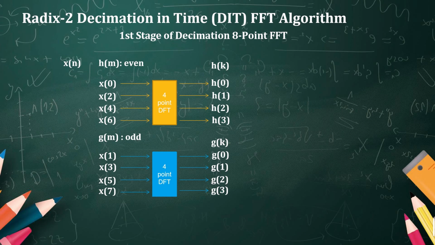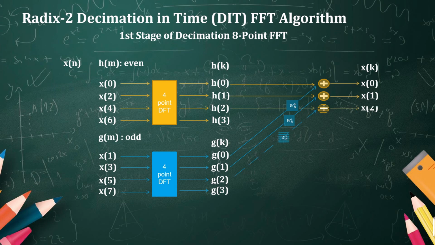After that, we just add as in the butterfly diagram, with the H(k) samples and G(k) samples. H0 from H(k) plus G0 times W_N^0 from the G(k) samples. Again, H1 is added with G1 times W_N^1 and the result is X1. The operation is the same for X2 and X3.